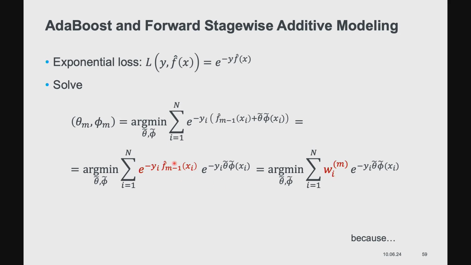So this is a term that is completely fixed at this point when we look at which new basis function to define. So we don't change it anymore. That's why we take this out of this formula and say this is now our weight. And here we have one part of our loss function that we can still optimize, that we can still change.